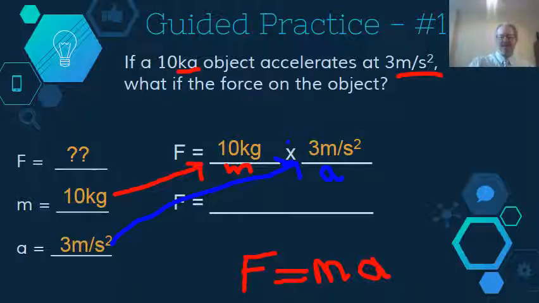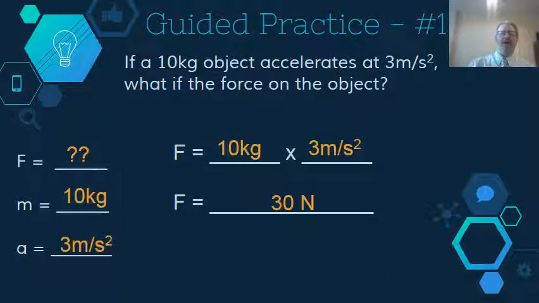And then you see that we just multiply those together. See the x there? Multiplication symbol. So 10 times 3 equals 30 newtons. So our final answer is the force, which is always measured in newtons, by the way, N.